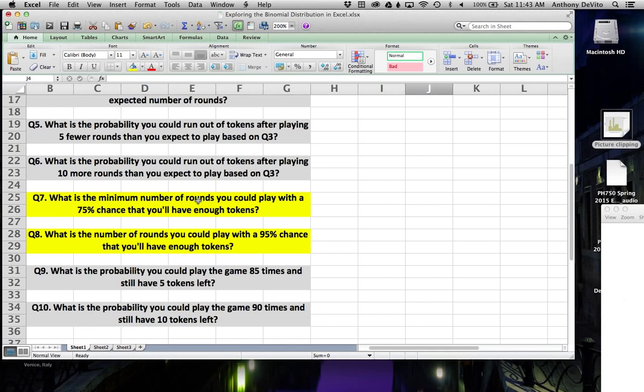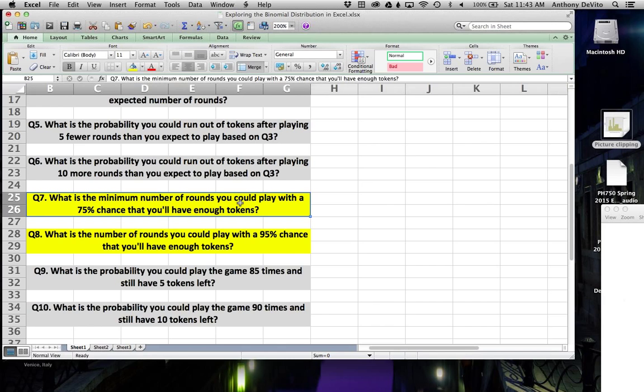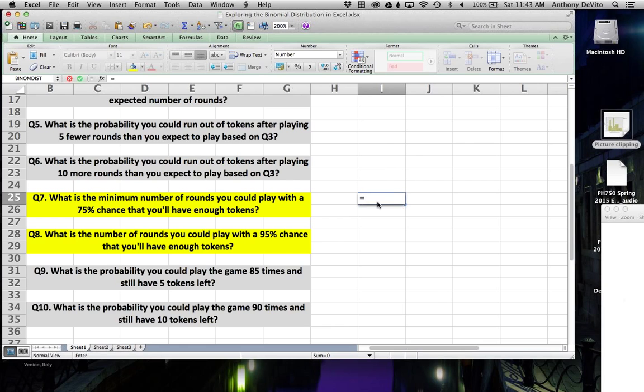Now that we've decided that, we have some things we might want to answer. What's the minimum number of rounds you could play with a 75% chance that you'll have enough tokens? Remember what we just did with that other distribution, the binomial distribution? We're going to do the same thing here. Equals BINOM.DIST, parentheses. What's the number of successes? Well, I can lose up to 20 coins, right?